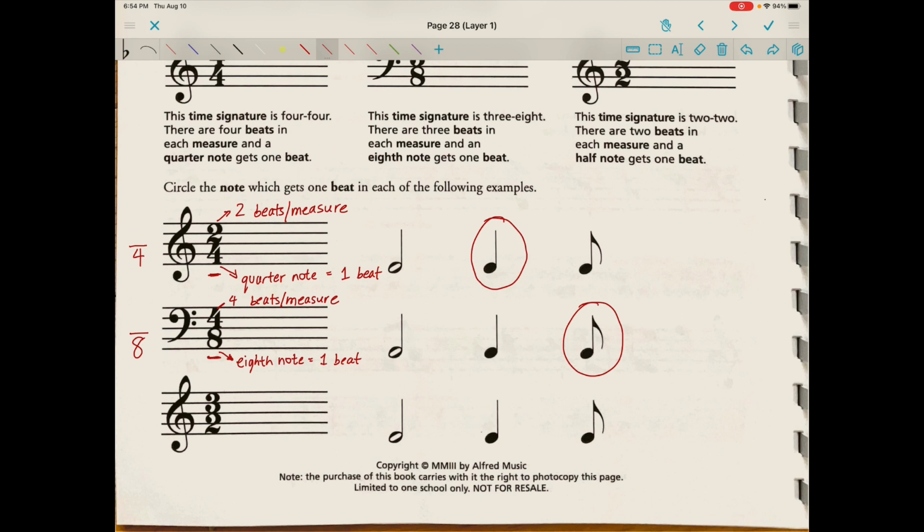That'll get 1 beat. And now we have 3/2 time, or the time signature is 3/2. 3 beats per measure. And this 2, again, think of it as the denominator of a fraction, tells us that a half note equals 1 beat.